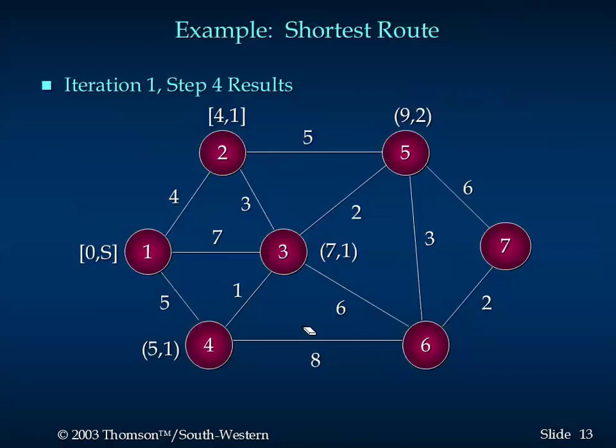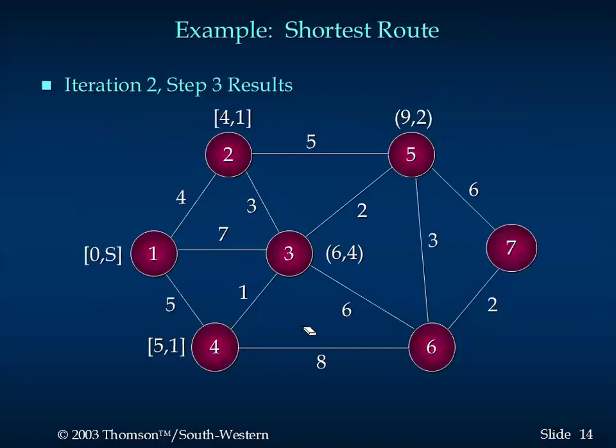Now, which is the least? This one, so 5, 1 becomes permanent. And what is reachable from here? So 5 plus 1 becomes 6, 4, and this becomes 13, 4.